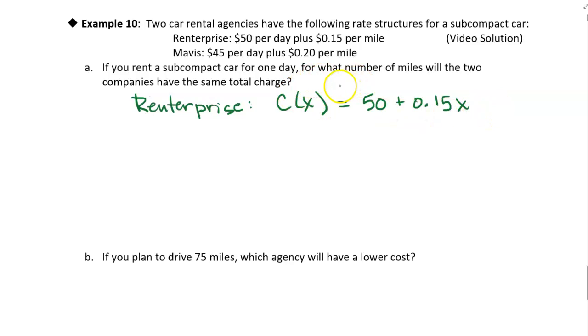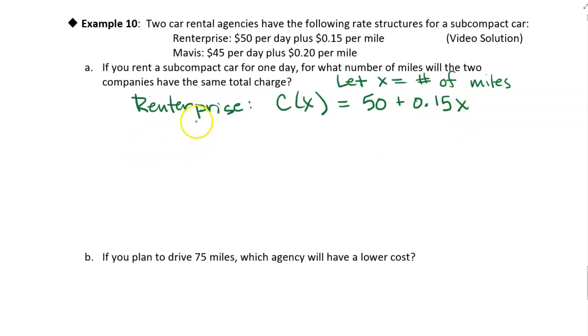So let x be the number of miles. All right, so we're going to identify our variable there. If we rent from Renterprise, they're going to charge $50 plus 15 cents times the number of miles that we drove.